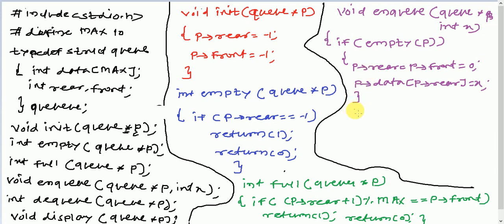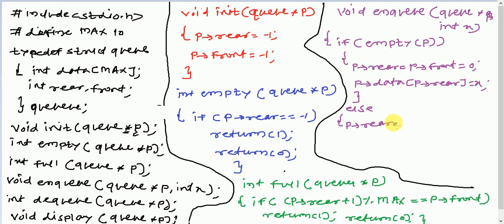Else, what we can do, simply we increase the rear pointer. So P of rear is equal to P of rear plus 1 mod max.